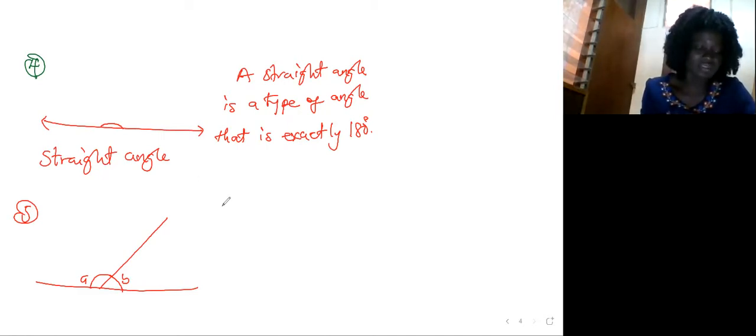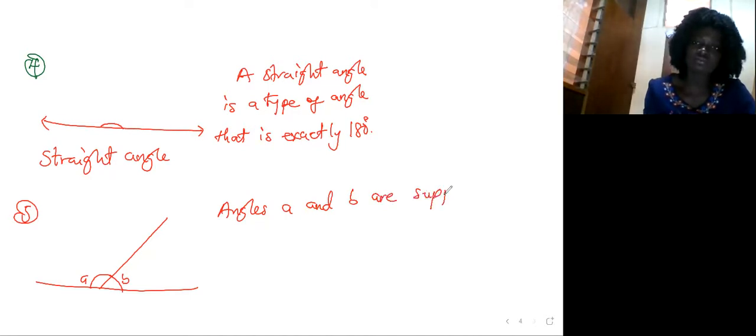So we can say that angles A and B are supplementary.